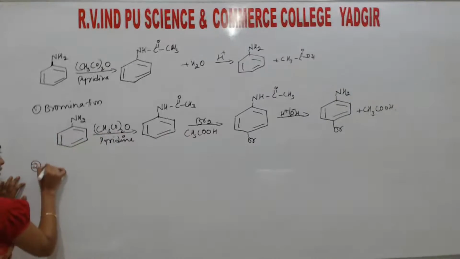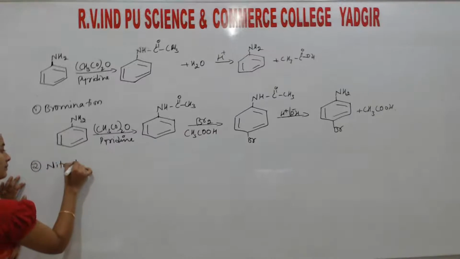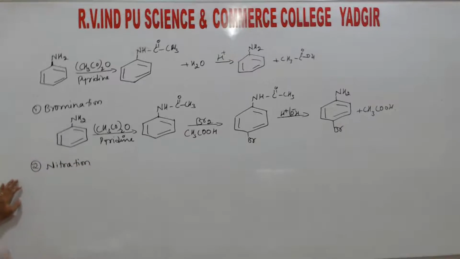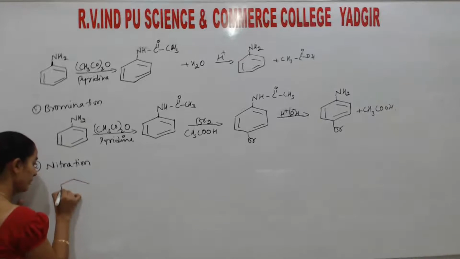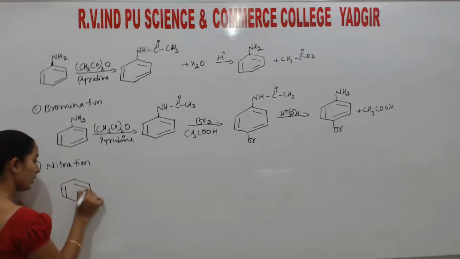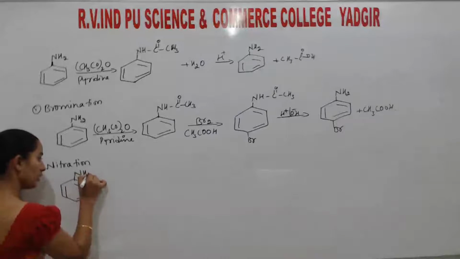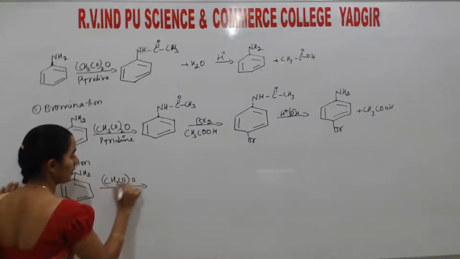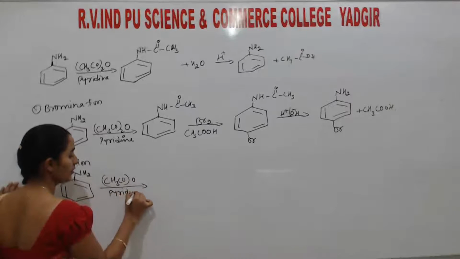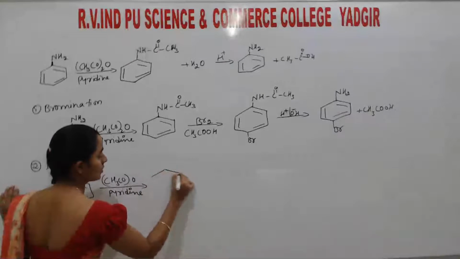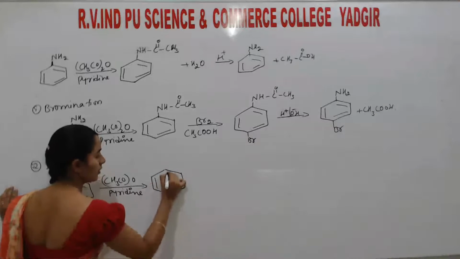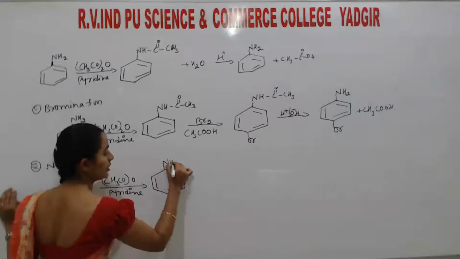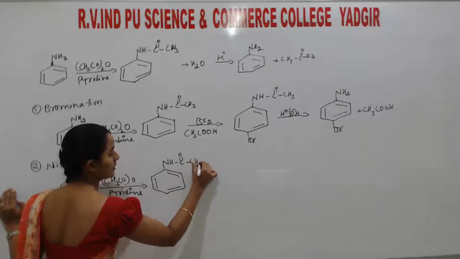Similarly, if you take nitration, what happened with nitration? So students, here the same aniline is again protected by acetic anhydride in presence of pyridine, forming the protected compound NH, C double bond O, CH3.